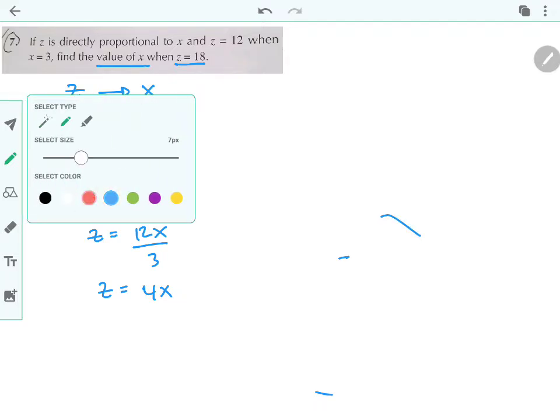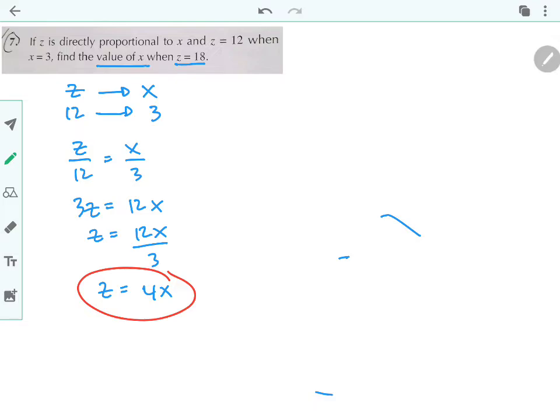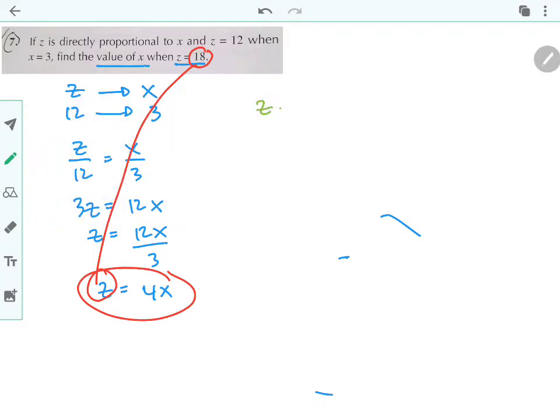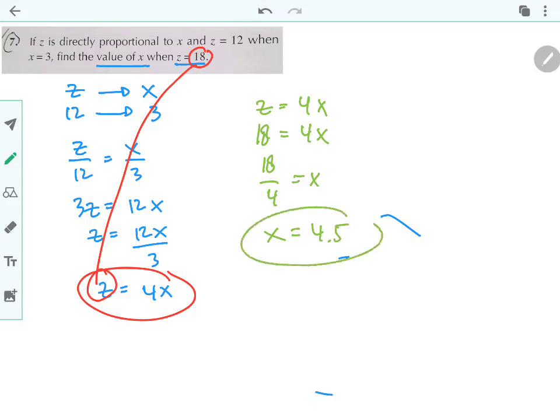So z equals 4x and z equals 18. 18 equals 4x, so 18 over 4 equals x. Therefore, x equals 18 divided by 4, which is 4.5. Okay, so this is the answer.